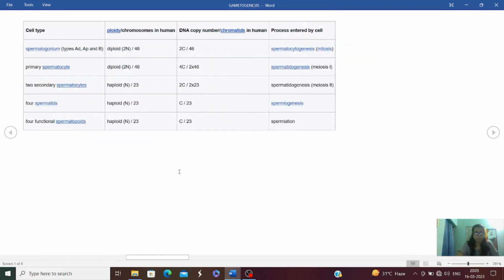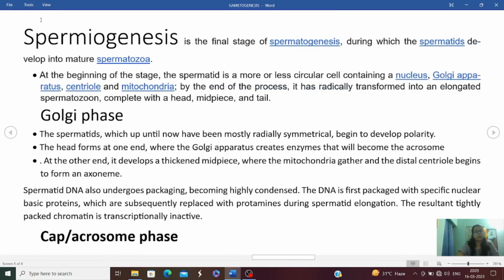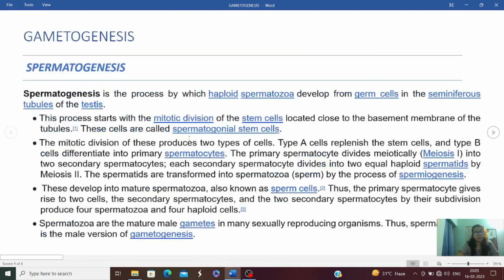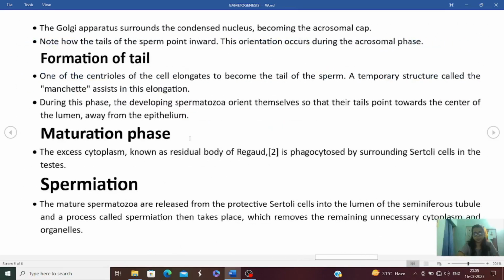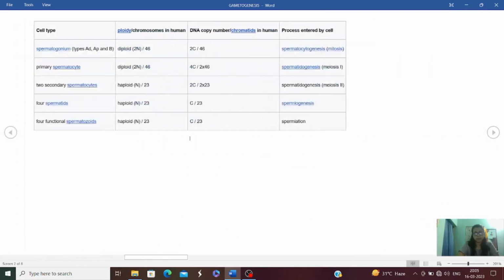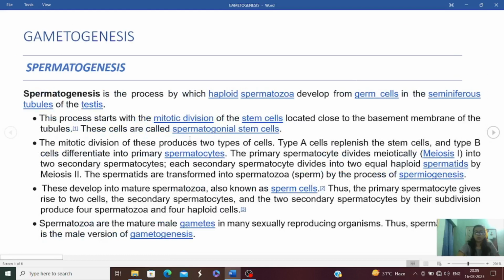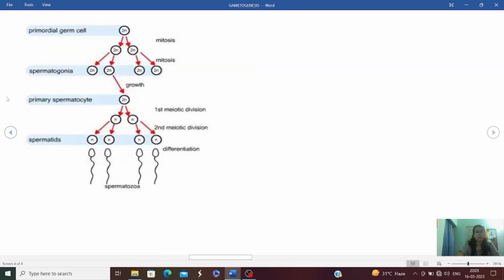Okay. Next, coming to the main phase, that is spermiogenesis. During the spermatogenesis process, as you have seen here, the number of spermatozoa formed was 4. Four spermatozoa with haploid number of chromosomes were formed, but they were all non-motile.